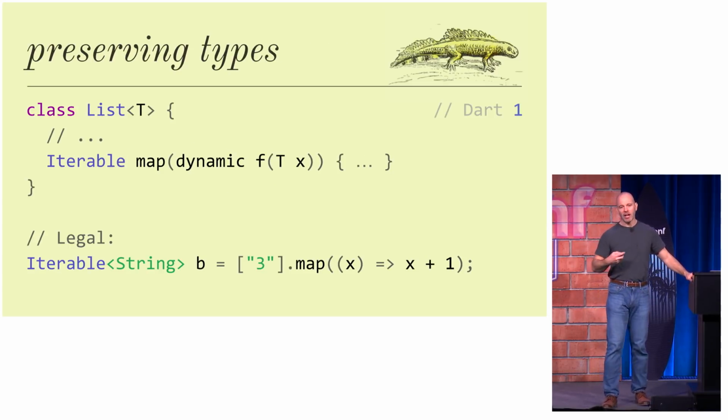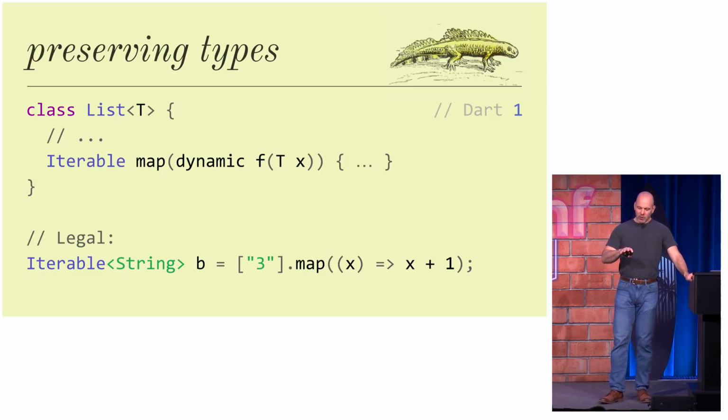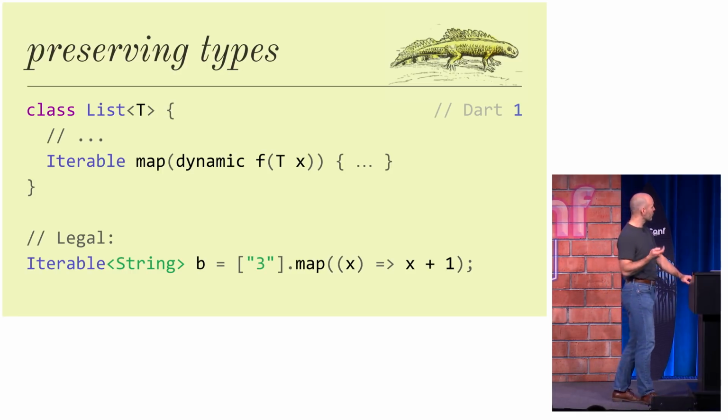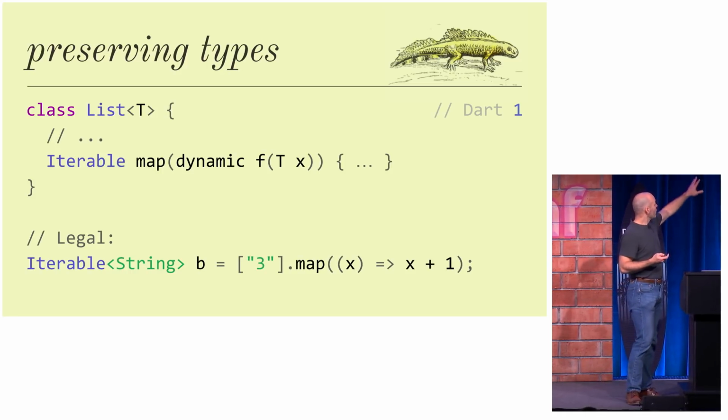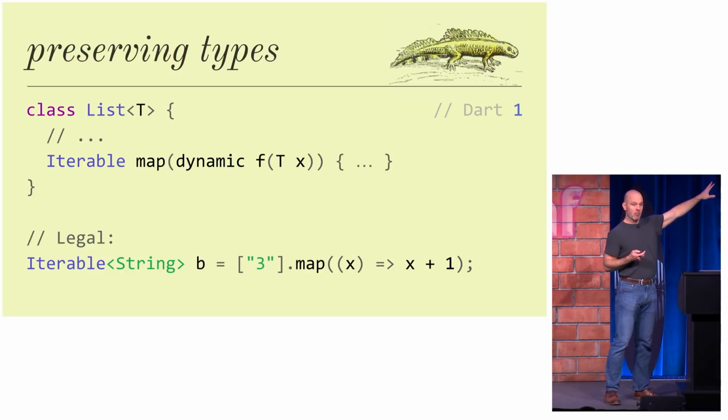So I want to give a couple concrete examples of this to give an idea of how this played out in the language. This is a core piece of the Dart API. This is the Dart 1 API for the map function on list, excuse me, iterable as well. So in Dart 1, there's this map method on the list type.